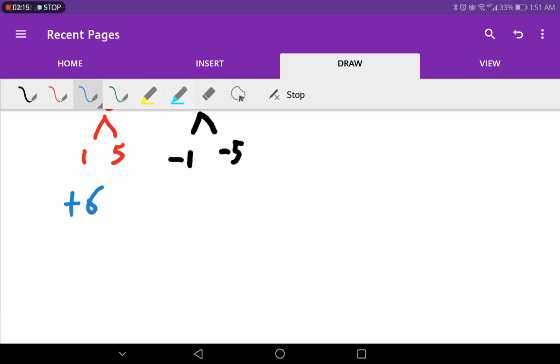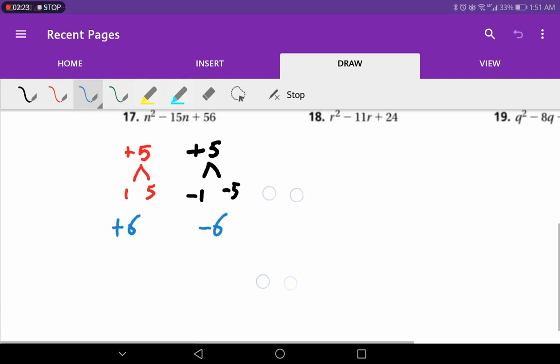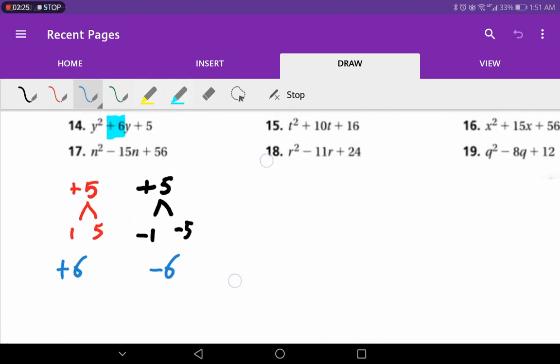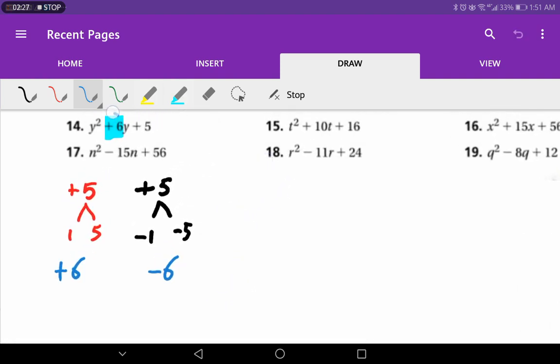But if you add the second two factors, you will get negative 6. If you come back to the equation, you will see the mid term is positive 6. So I need this and I delete this. So the two factors are 1 and 5.